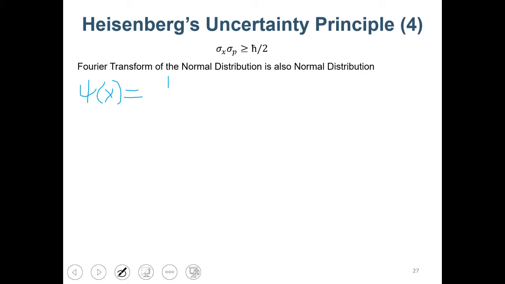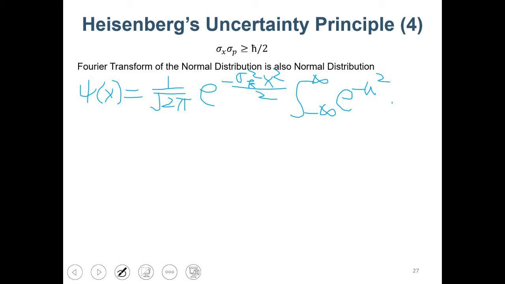And you'll find that it will be something like this: sigma k square x square over 2, and this one, the integral of exponential to minus u squared du. I'm not sure whether you have learned this Gaussian integral in the math class.